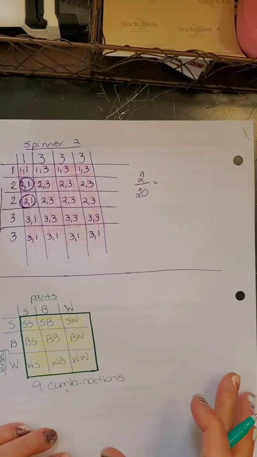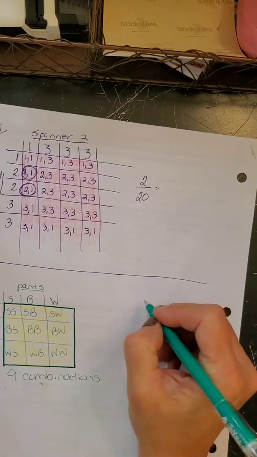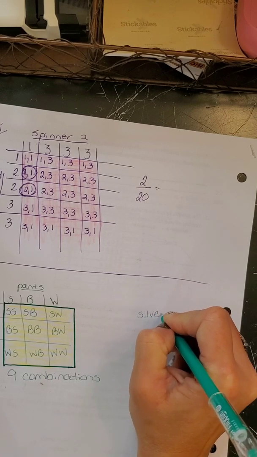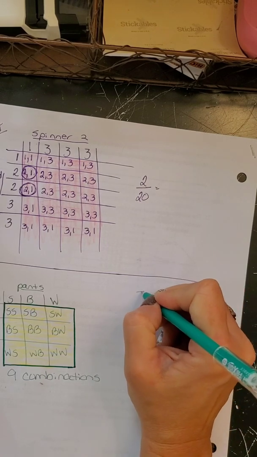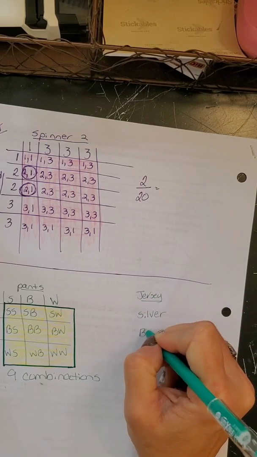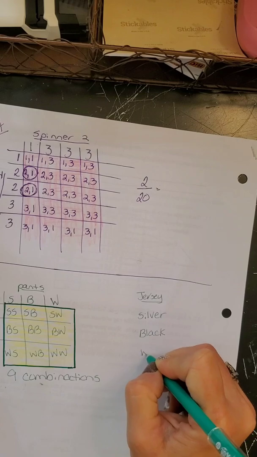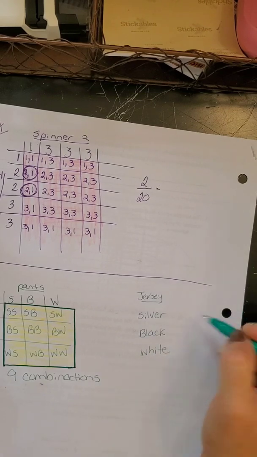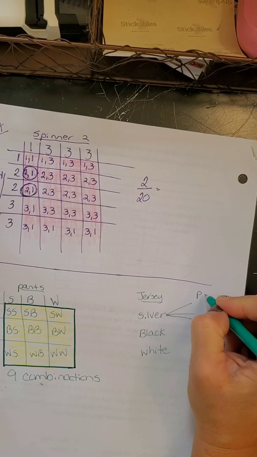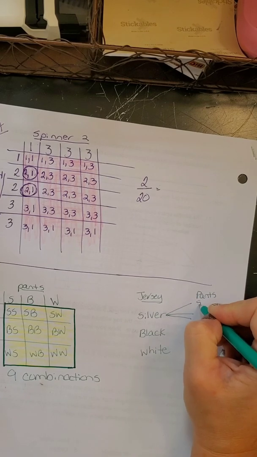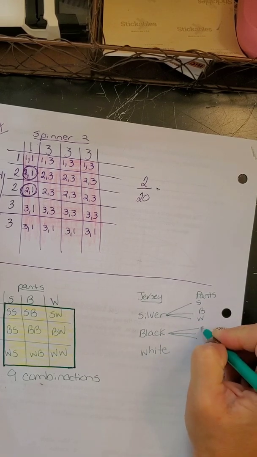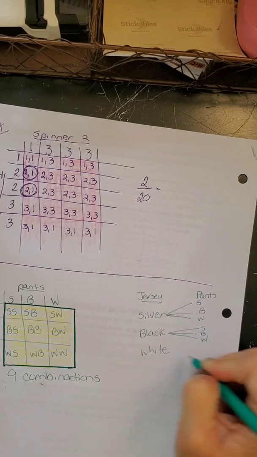Now, some of you may have preferred to do a tree. So let's look at this again. This is jersey, silver, black, and white. Then we have pants, silver, black, and white. And each one of these has to get a silver, black, and white.